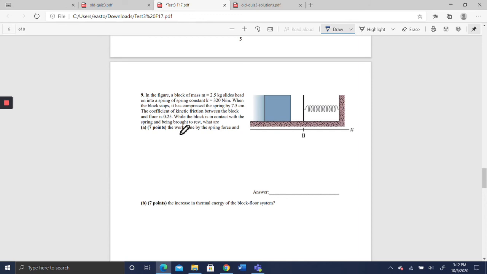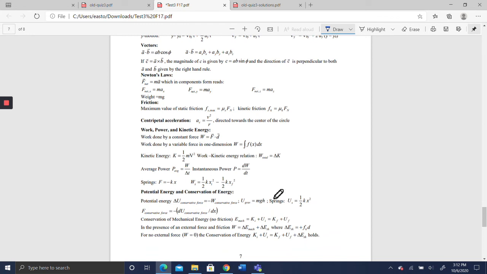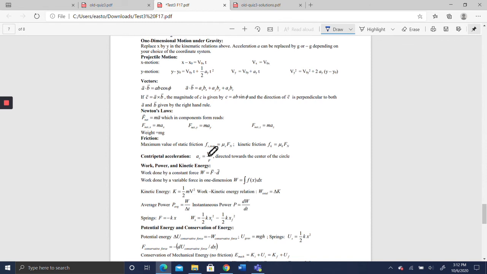For problem number 9, they have a block of mass 2.5 that slides into a spring with spring constant K. They want you to find the work done by the spring force. I'll use this as an example to see if they give the spring force.